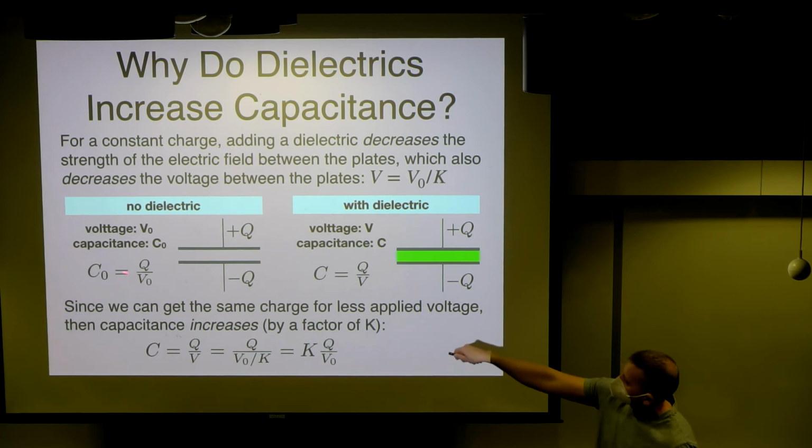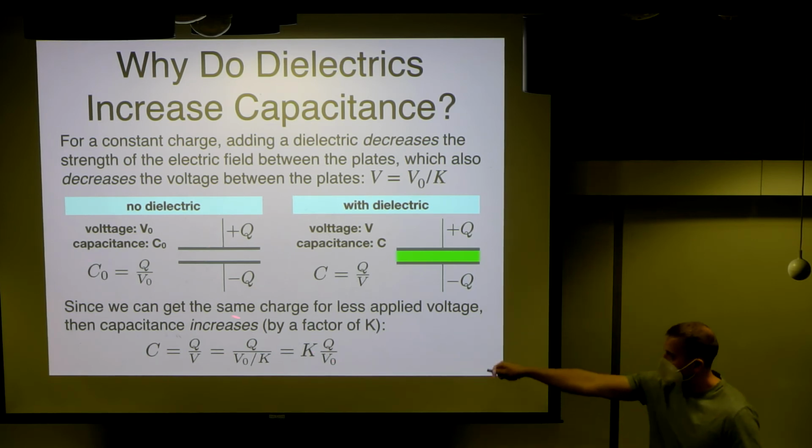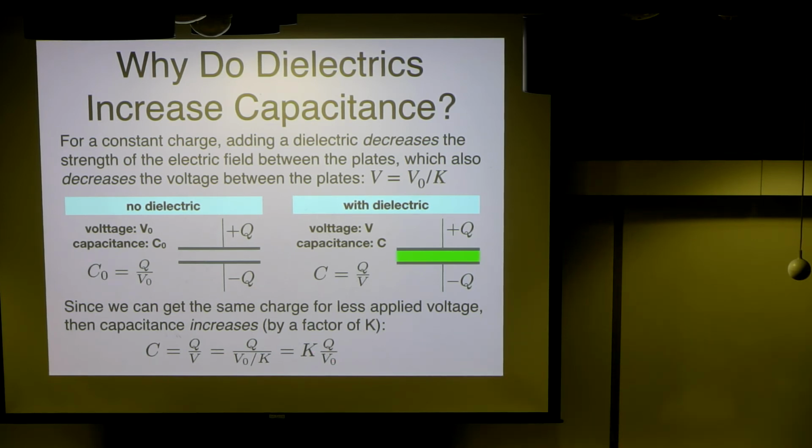But that was our capacitance initially, because the charge divided by the voltage before we added the dielectric is this value right here. So we're calling that C naught, and that's why C is equal to K times C naught. As you can get the same amount of charge on the plates for less voltage, you have a greater capacitance. That's the idea. Any questions on this?